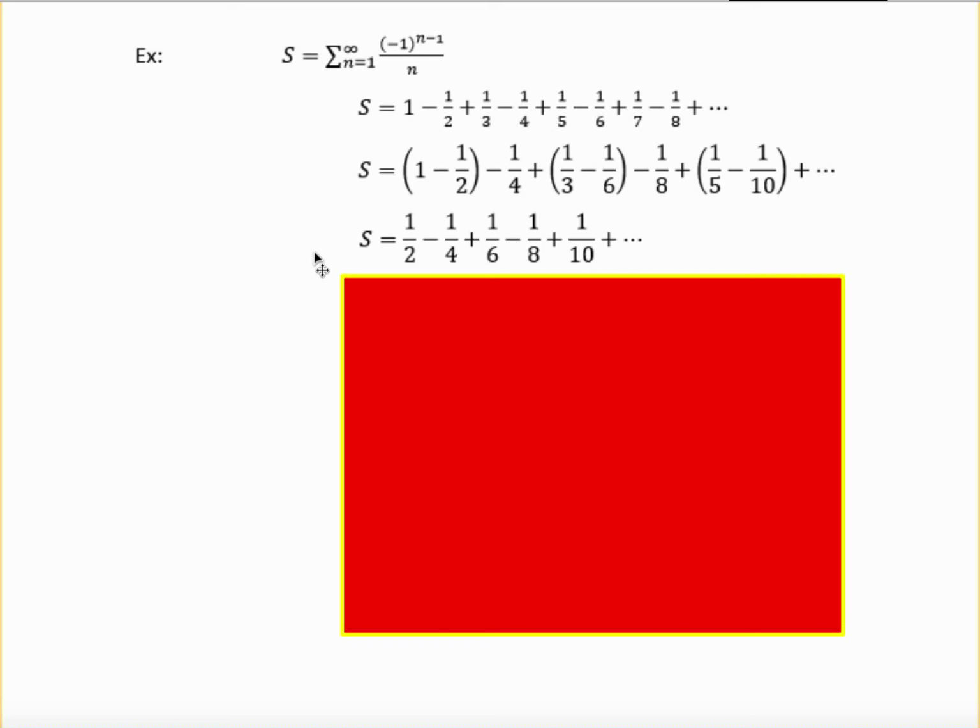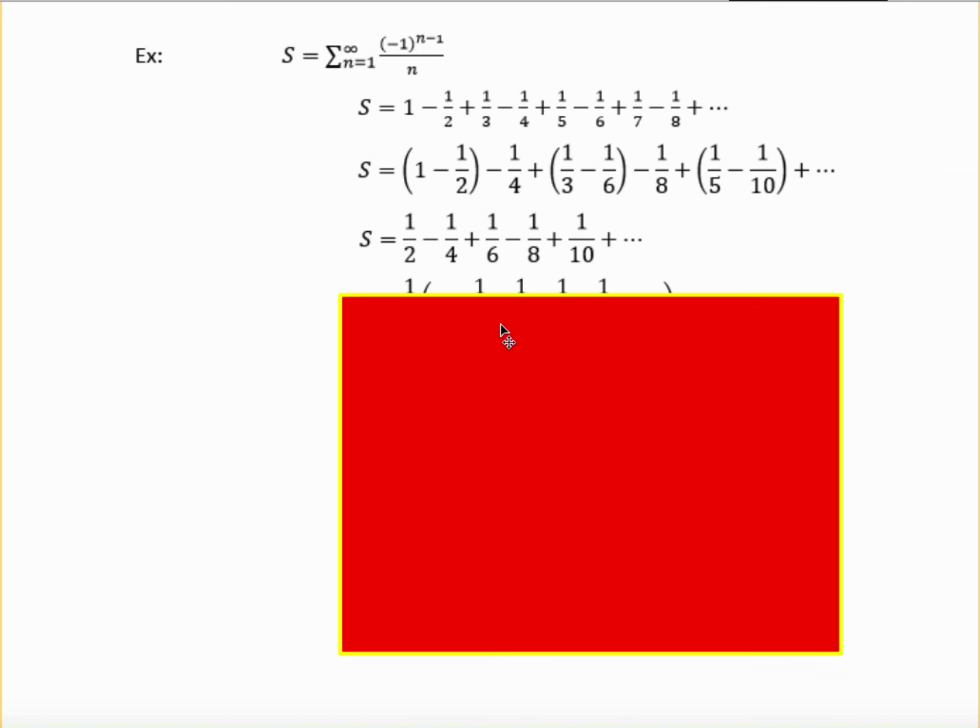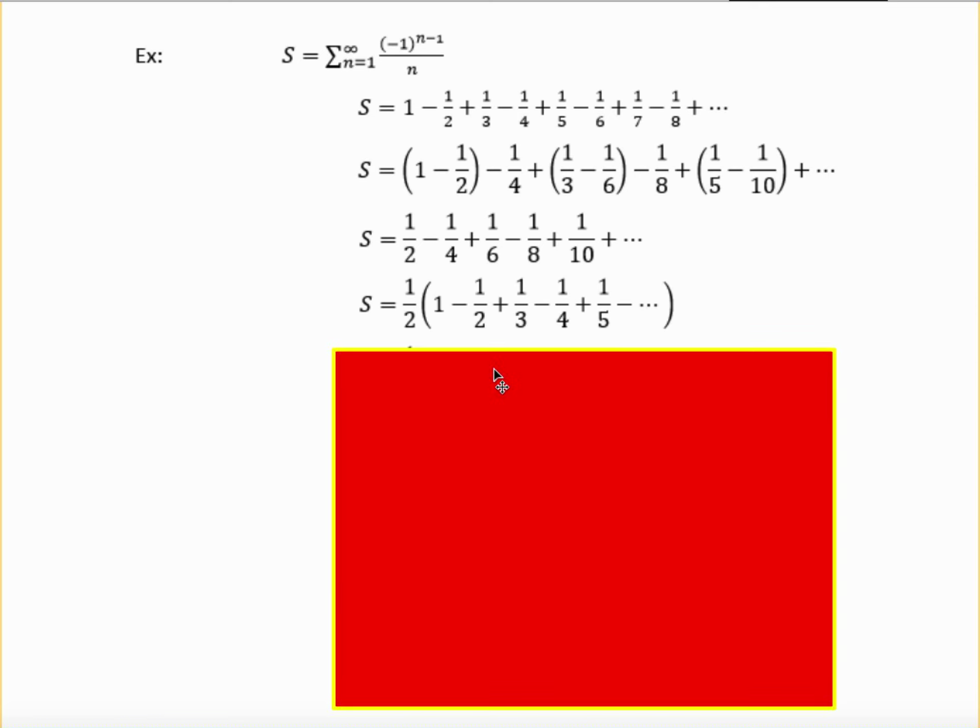I have not added anything to both sides. I haven't changed any values. I've simply rearranged the order and simplified. The next thing I did was factor out a common factor. Notice that all my denominators are divisible by 2, so I factored out 1/2. And check it out. Does this look familiar?